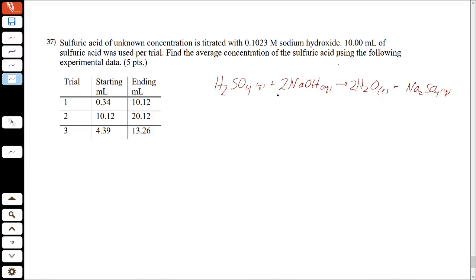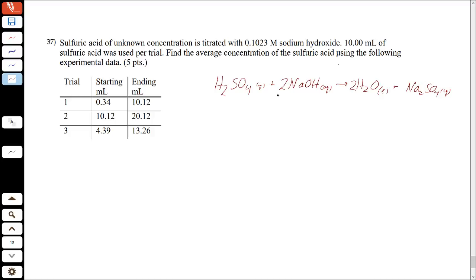However many moles of sodium hydroxide you came up with in the three trials of the titration, which was right around 0.01 moles, or maybe 0.009, something around that range, you had to cut that number in half to get the moles of sulfuric acid, because it's a 1-to-2 ratio between sulfuric acid and the sodium hydroxide.